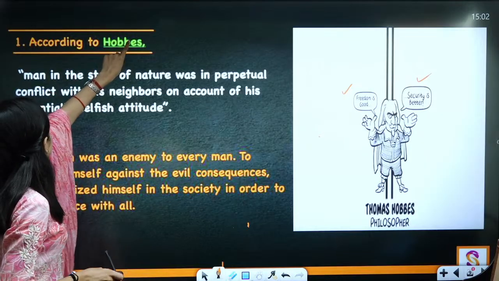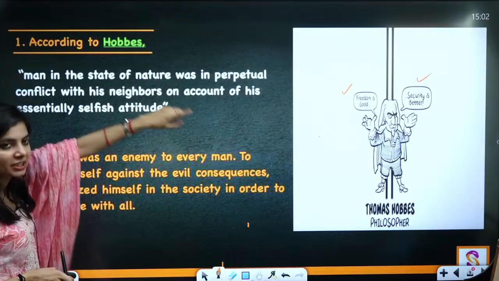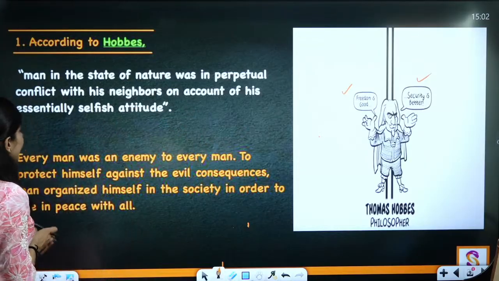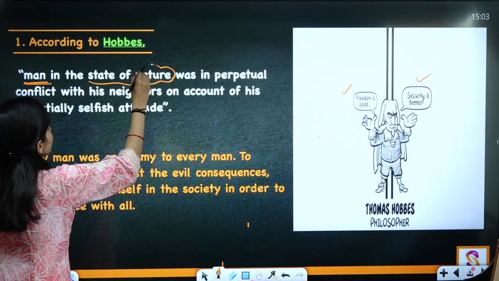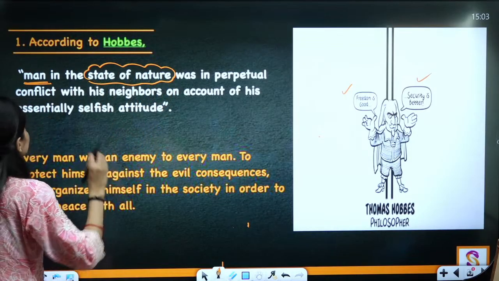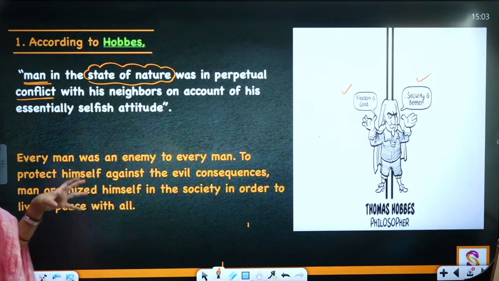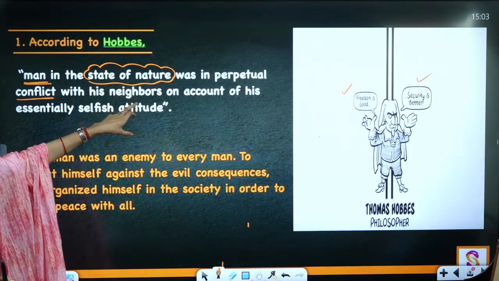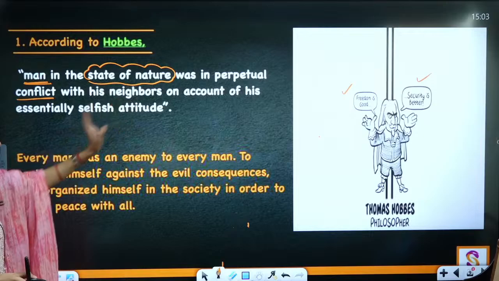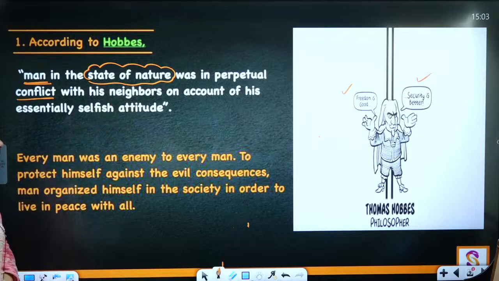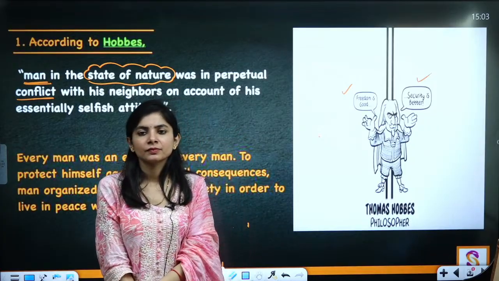So Thomas Hobbes specified, and now I'm going to read the same words as specified by him. He said that men in the state of nature were in perpetual conflict. He was in conflict with his neighbor on account of his essentially selfish attitude. It means he was saying by nature man is born to be free.